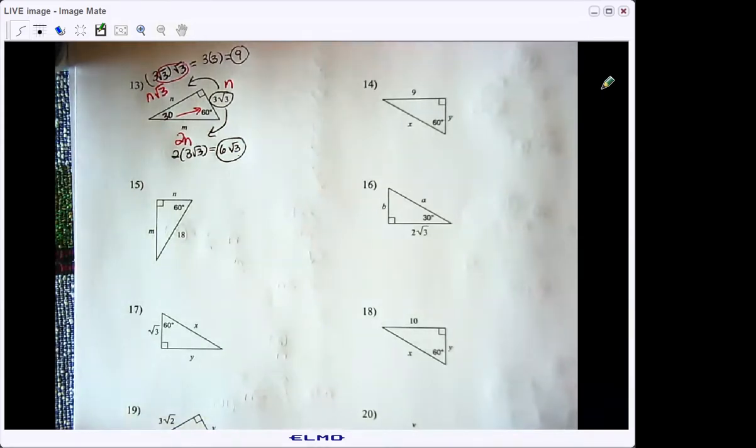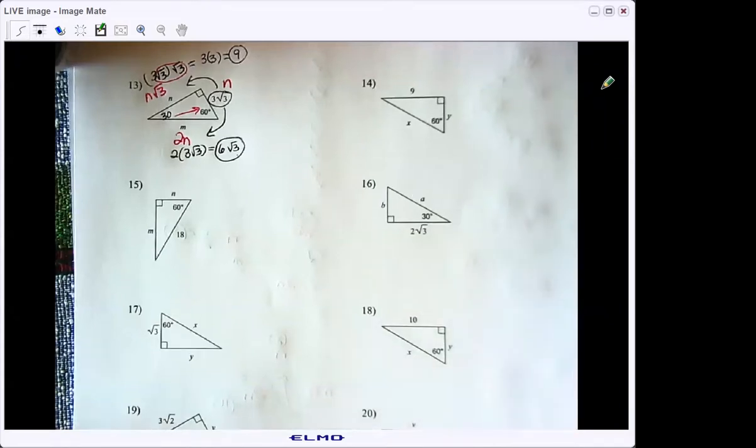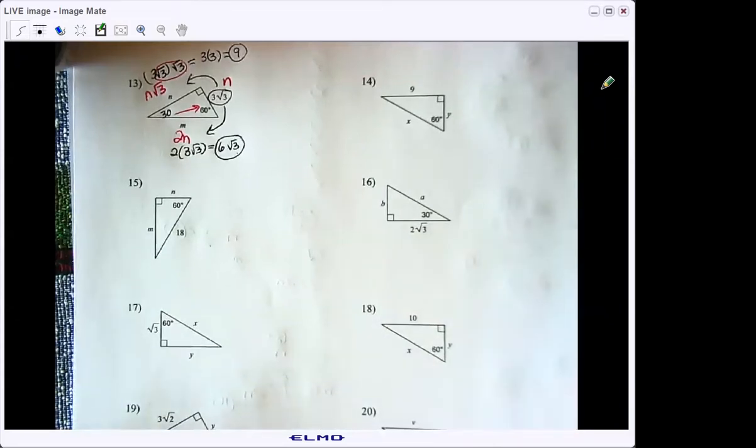Okay. Jump down to 19. I'll come back and this will be visible again in a minute, but let's do number 19.